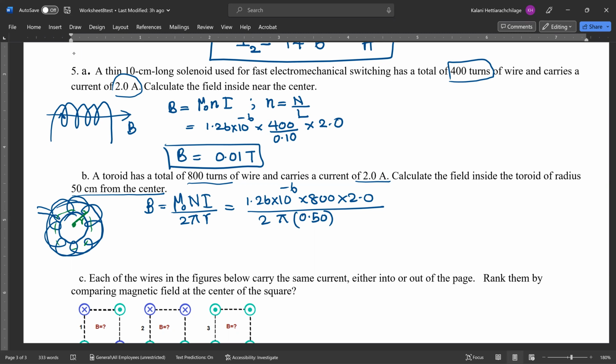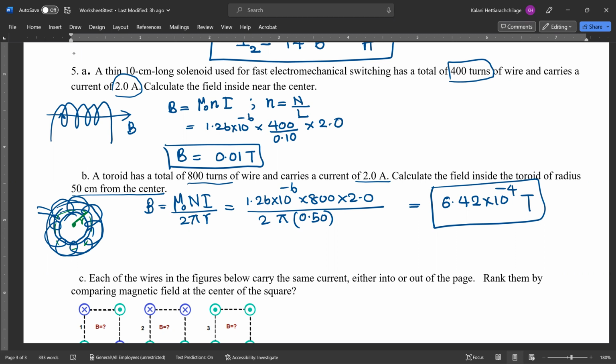After you plug that into the calculator, your B will be 6.42 times 10 to the negative 4 Tesla. Again for direction, you need to use your right hand. For the wire, it can be clockwise or counterclockwise, depending on the wire.